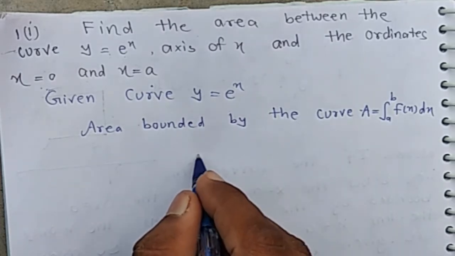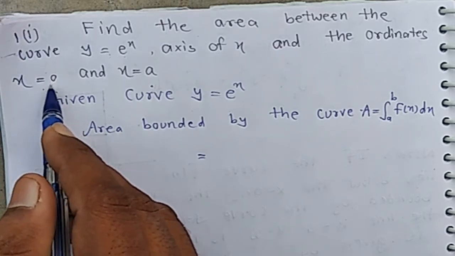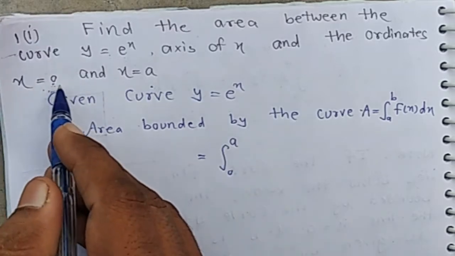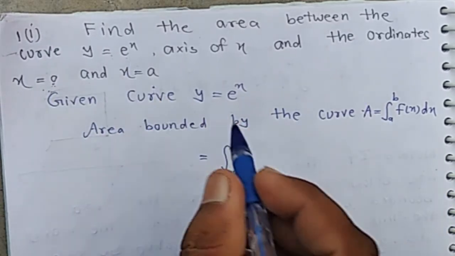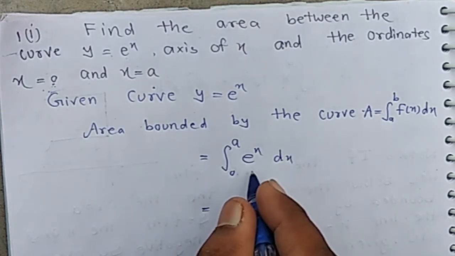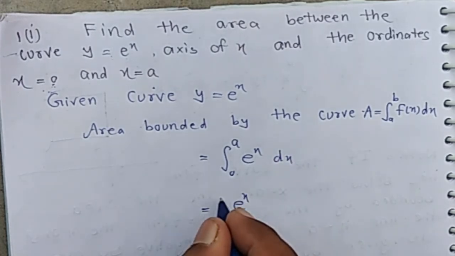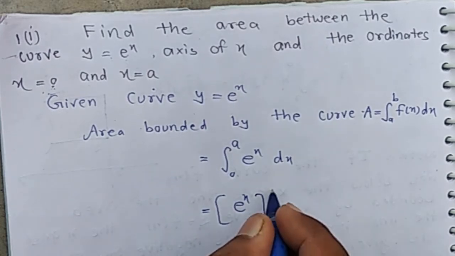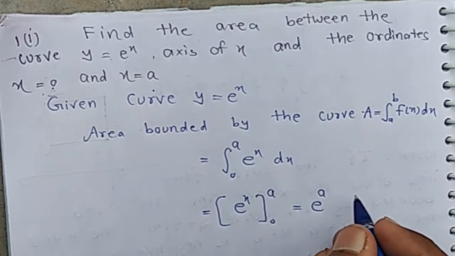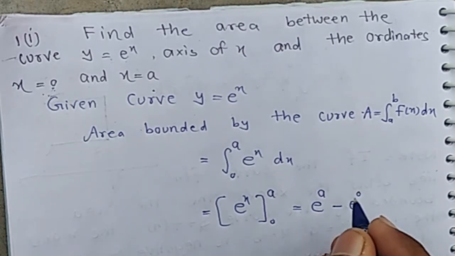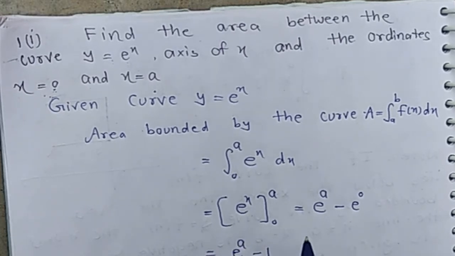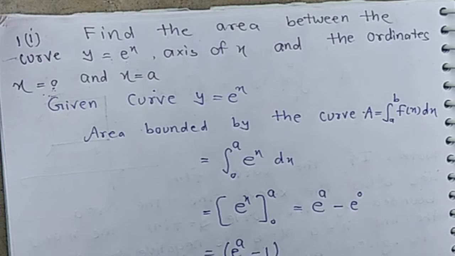Then the limit is a to b, meaning x equal 0 to a, lower limit 0, upper limit a. The function is e to the power x and dx, and integration of e to the power x is e to the power x, 0 to a. Now we put the upper limit, meaning e to the power a, minus the lower limit e to the power 0, then it is e to the power a minus 1, and it is the area.